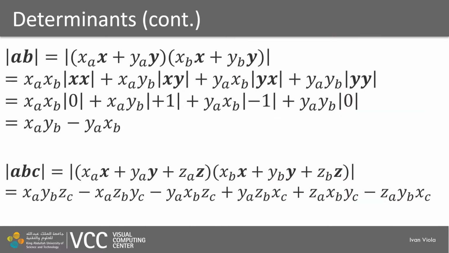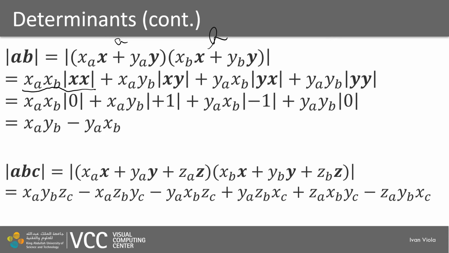Let's have a look. How do we compute determinants? So let's write the vectors A and B in a form that they are represented in the coordinate space described by the unit vectors X and Y. So here, this is A, this is B. And we can see that if we are now multiplying these two vectors, we will have this term here first.